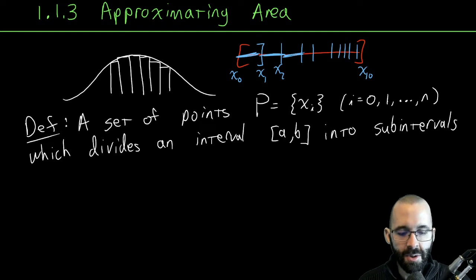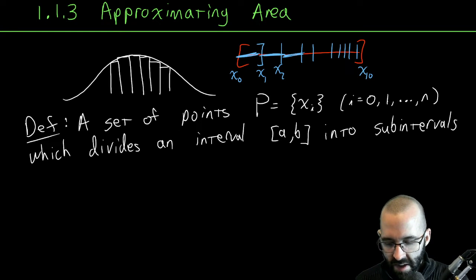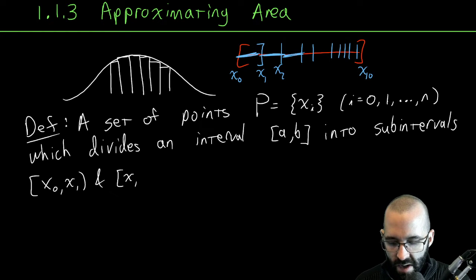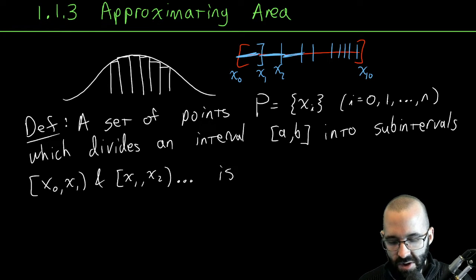So here n would be 10, there'd be 11 of them. And we just divide them into a bunch of subintervals. So the subintervals are from x_0 to x_1, and then x_1 to x_2, etc. You get the idea. That's called a partition.